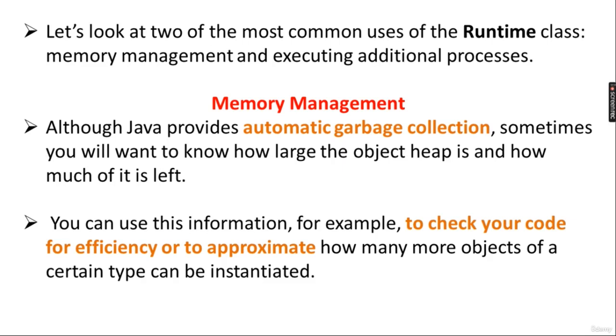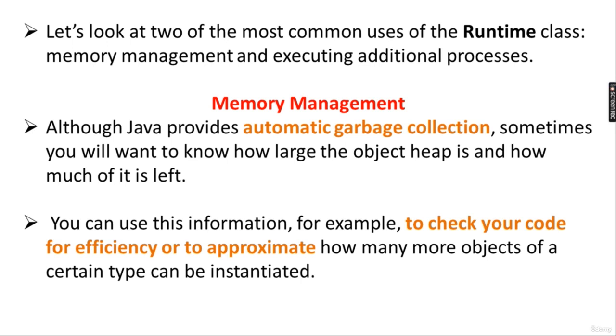Okay, let's look at two of the most common uses of Runtime: memory management and executing additional processes. Memory management is the first use. Although Java provides automatic garbage collection, sometimes we will want to know how large the object heap is and how much of it is left. So you may want to know how memory is managed. You can use this information, for example, to check your code for efficiency or to approximate how many more objects of a certain type can be instantiated.